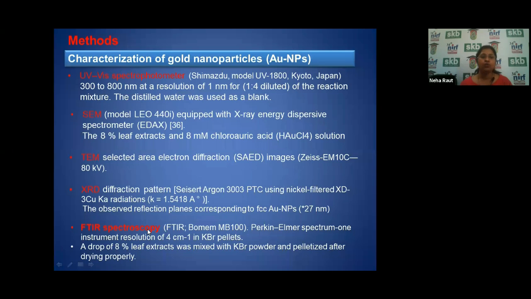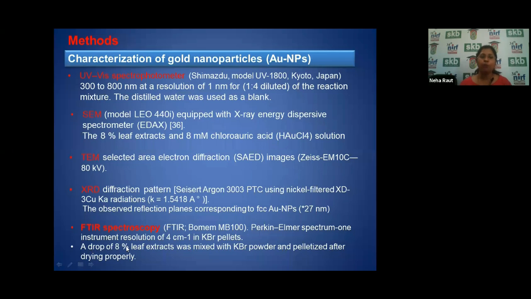FTIR is there to confirm the changes in the FTIR spectra or the functional groups. So how the OH or COH group changed or showed changes in the peak and all. And in this case, they have taken the powder of Ziziphus mauritiana and the powder of pellet of nanoparticle.